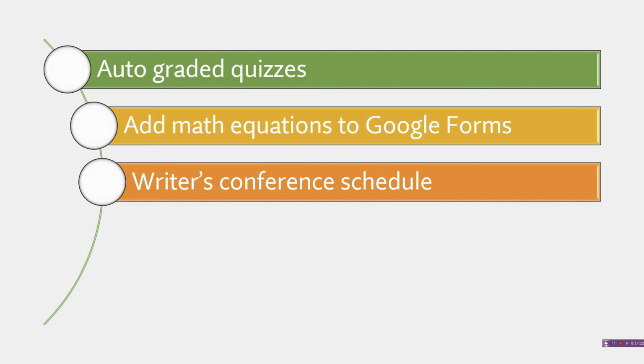So the form limiter will stop accepting responses when specific Google Sheet spots are filled. This is what writers conference schedule. This can be used by just installing an add-on which is form limiter to the Google form.